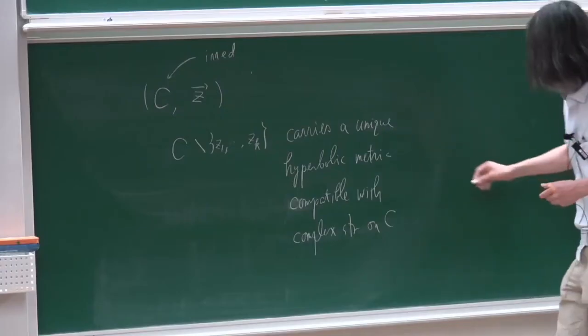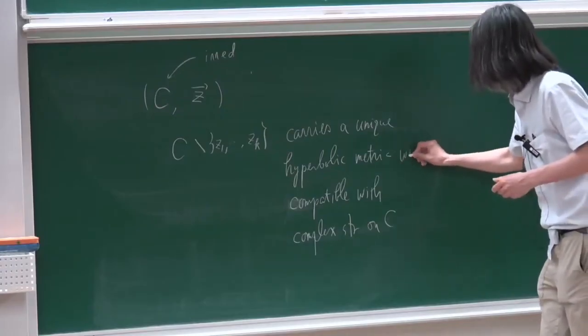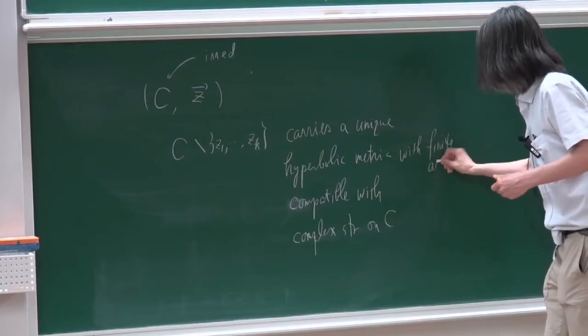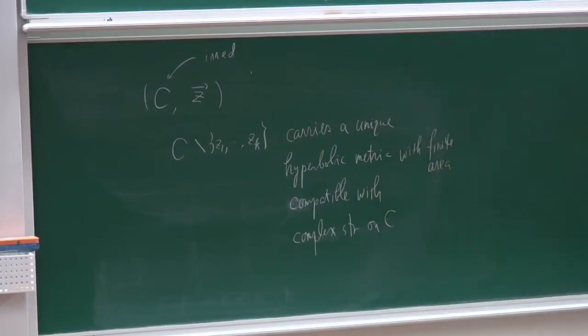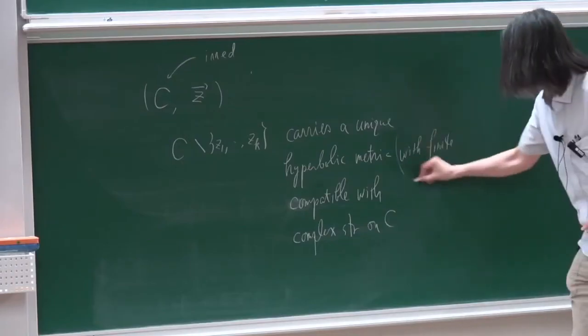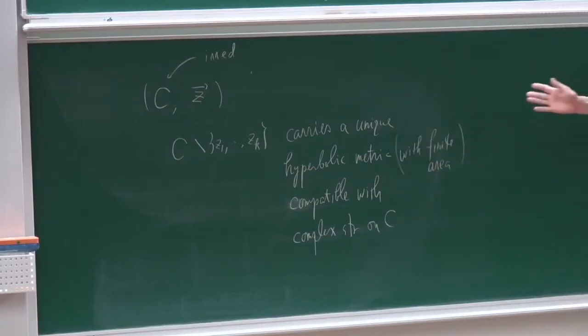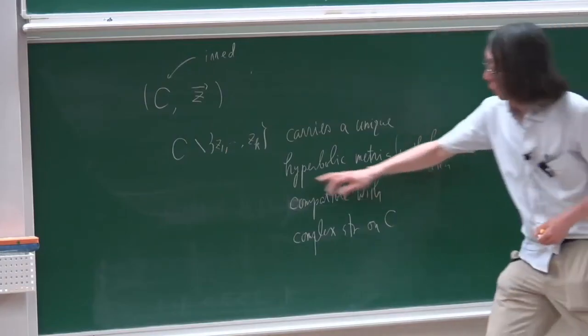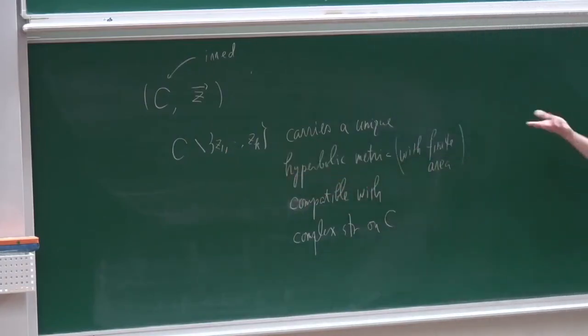So maybe we can also write it with finite area. Not an arbitrary hyperbolic metric. A hyperbolic structure on the surface may have some infinite things, but here we only consider the case where these are punctures and so correspond to cusps.